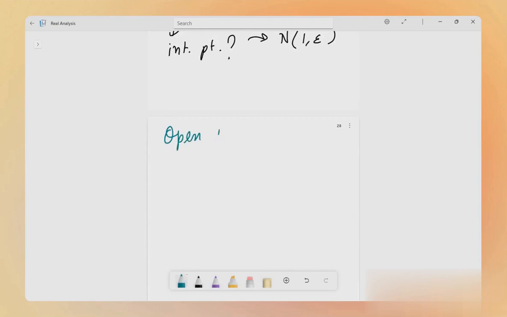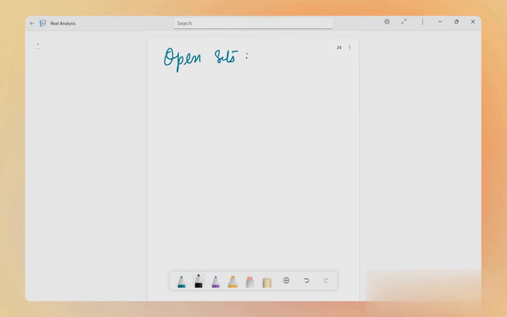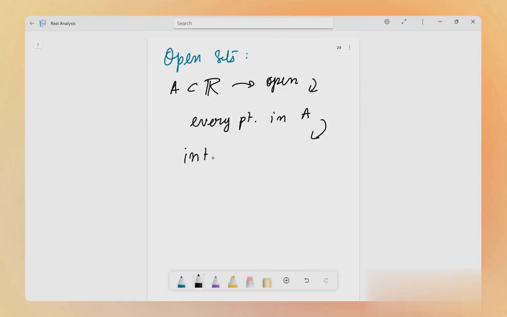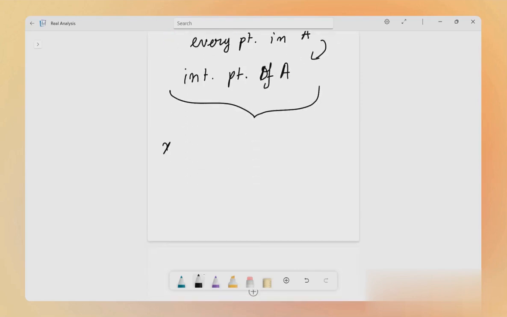Now, if we come to our next topic, which is open set. By the definition of Mapa, a subset A of R is called an open set if every point in A is an interior point of A. What does this mean?